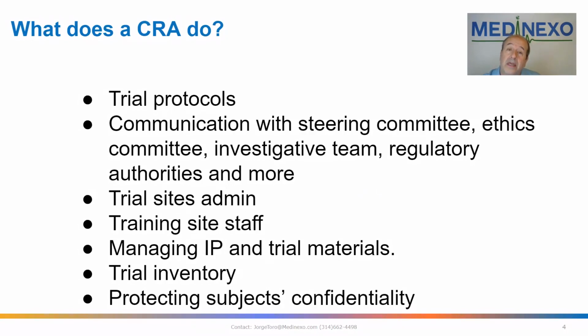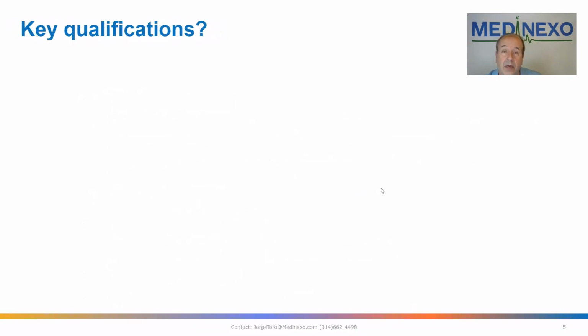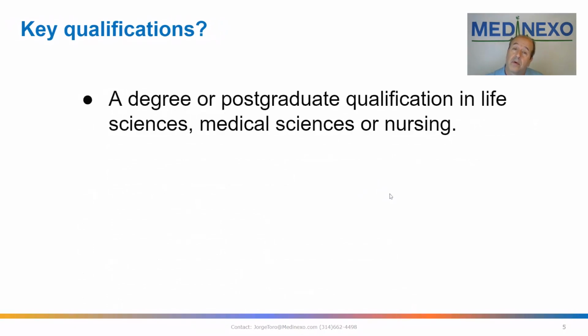Now, what are the key qualifications a CRA should have? Well, first of all, typically you always require a degree or a postgraduate qualification in life sciences, medical sciences, or nursing. There has to be somebody who is familiar with healthcare, somebody who is a professional in an area of healthcare. So that's a qualification that is typically a requirement. Excellent communication skills.